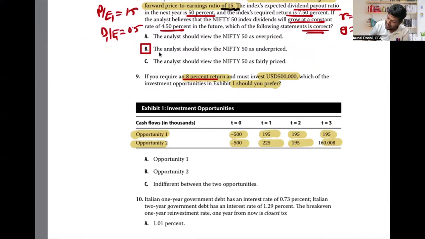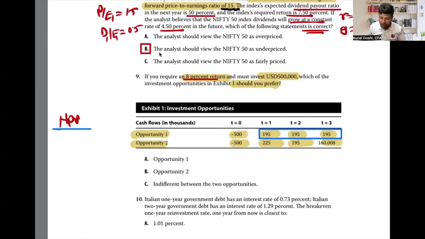All you have to do is calculate the NPV of this. The NPV will be your answer. You can do NPV, or you can simply do the present value of all of this and see which is giving you more, because the investment is the same.